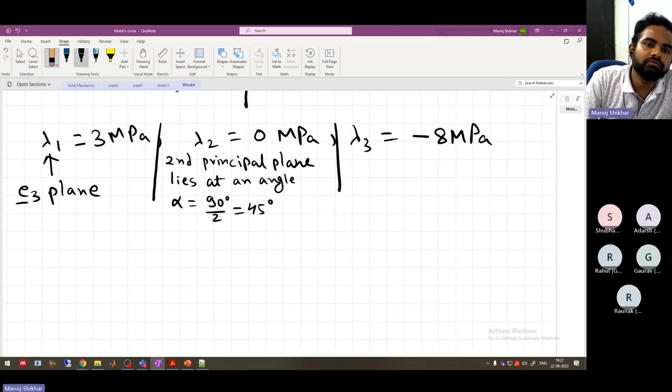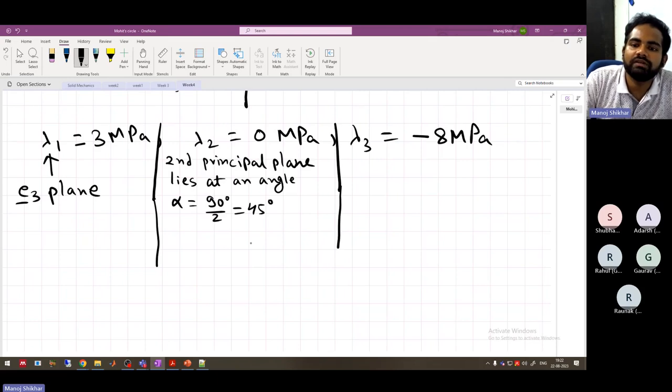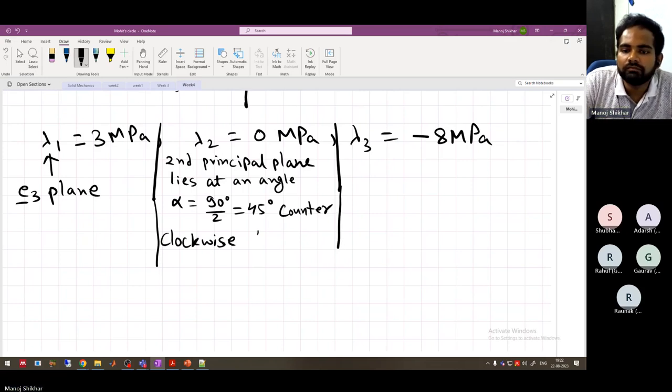So if on Mohr circle you move clockwise, that means in reality you have moved counterclockwise, counterclockwise from E1 plane.